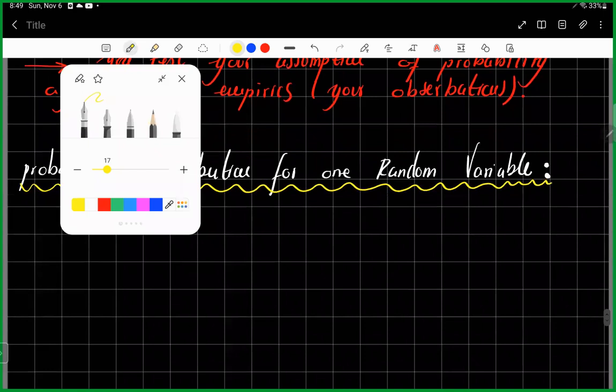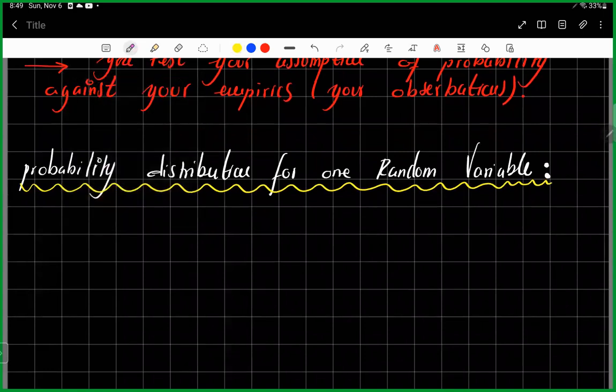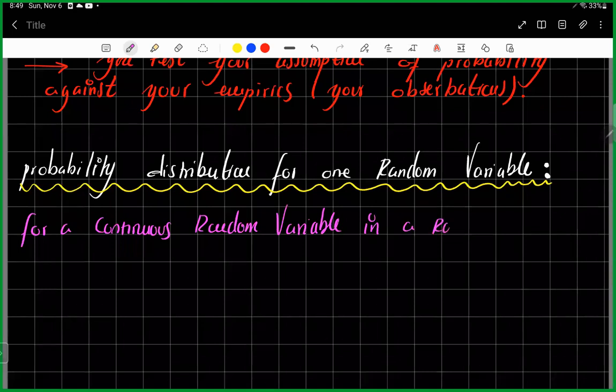Now, a continuous random variable. Let's define the range for a continuous random variable: minus infinity less than x less than plus infinity.